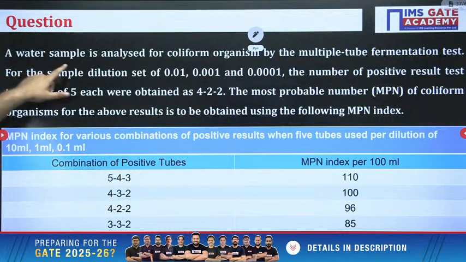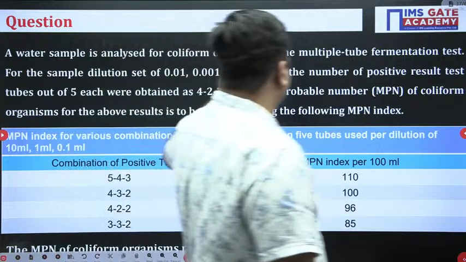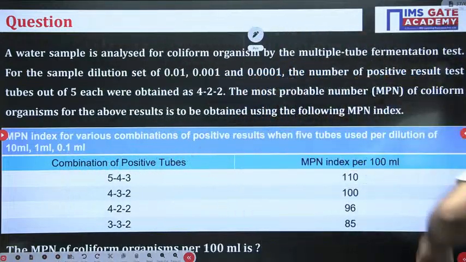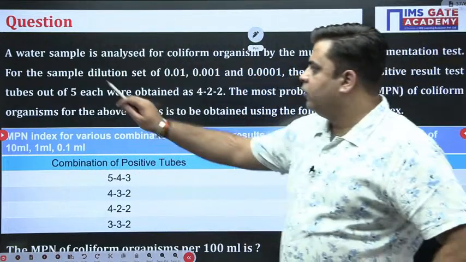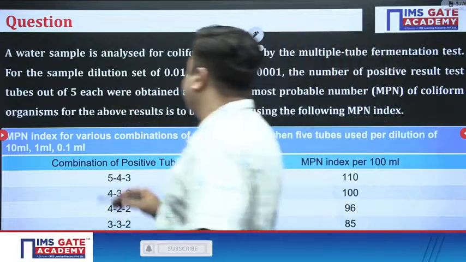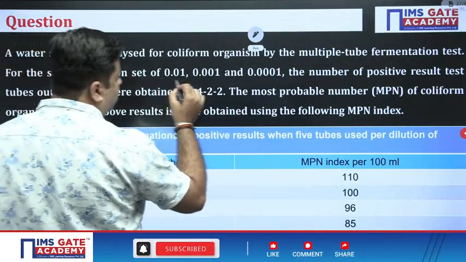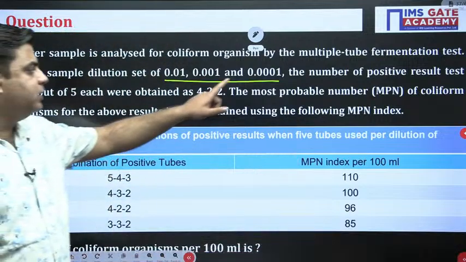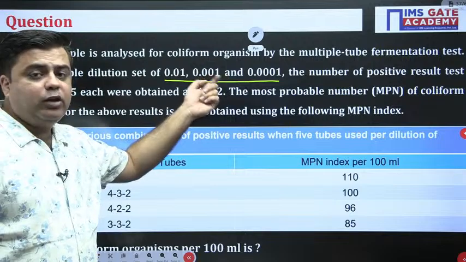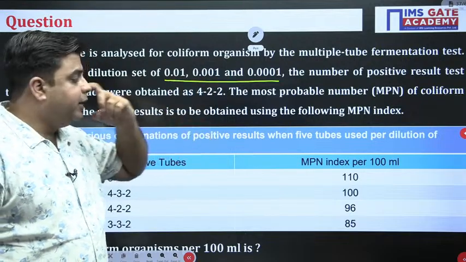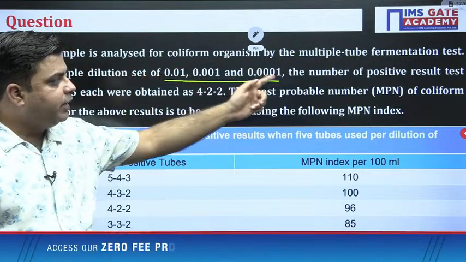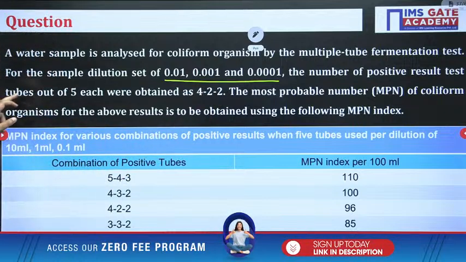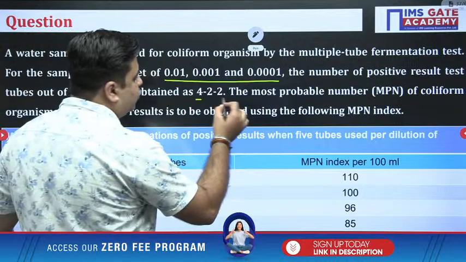A water sample is analyzed for coliform organisms by the multiple tube fermentation test. For the sample, the dilution set is 0.01, 0.001 and 0.0001. This is the dilution prepared, right? The number of positive test result tubes out of 5 for each were obtained as 4, 2, 2.